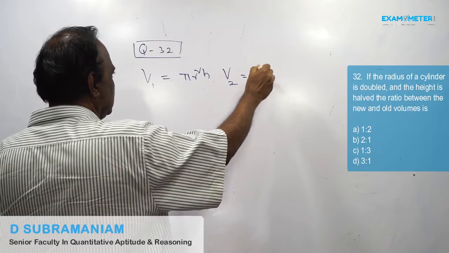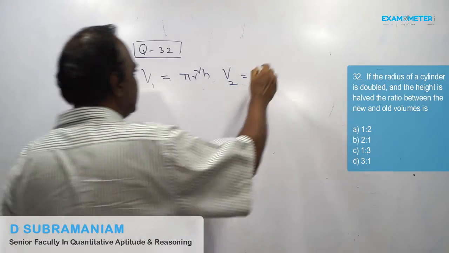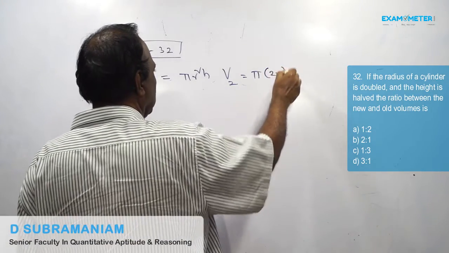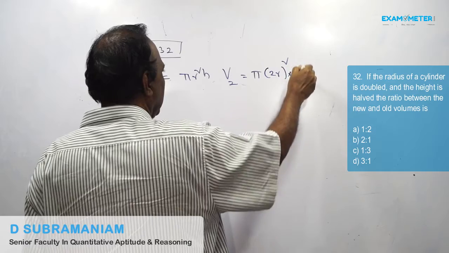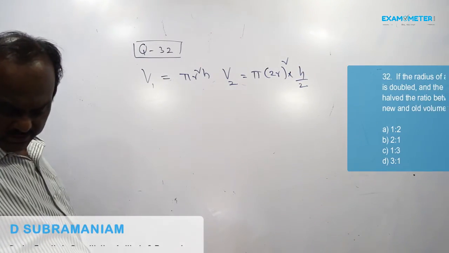Volume 2 is equal to pi into double and half.